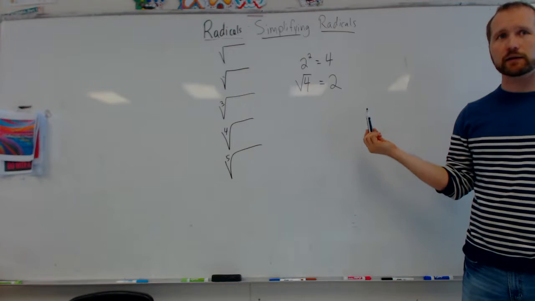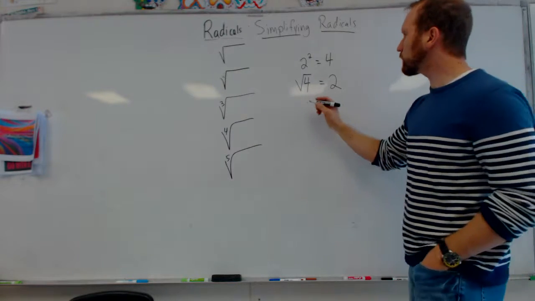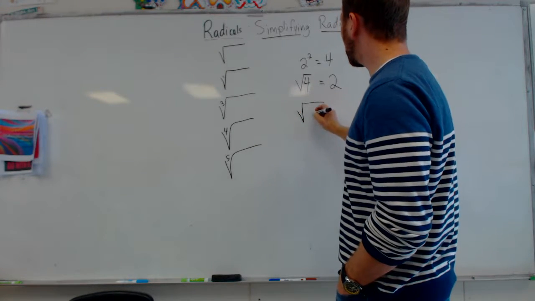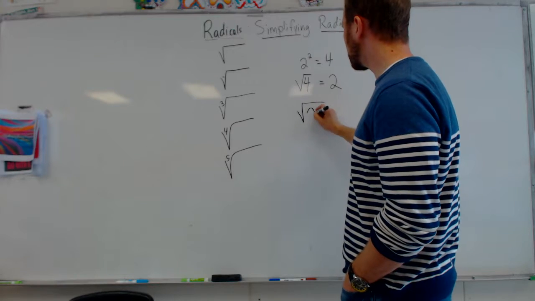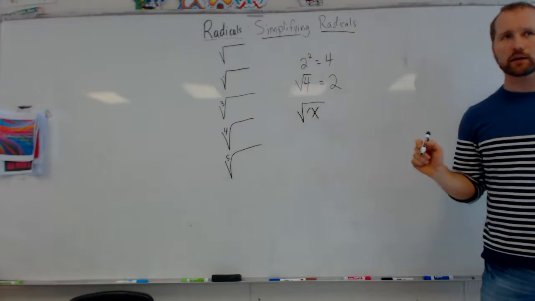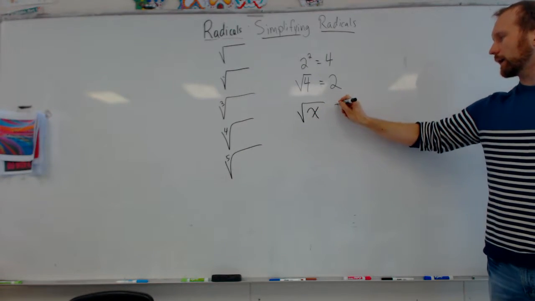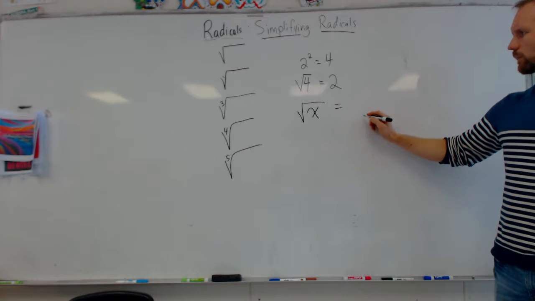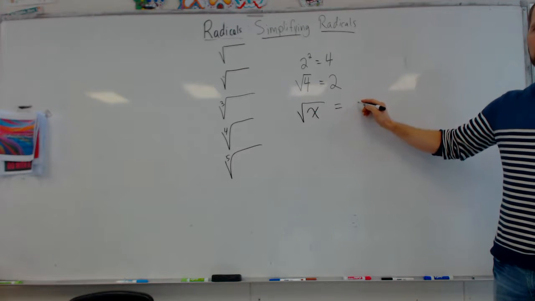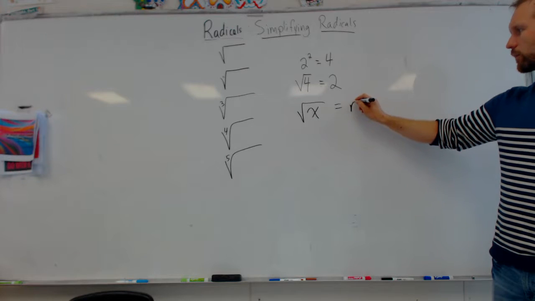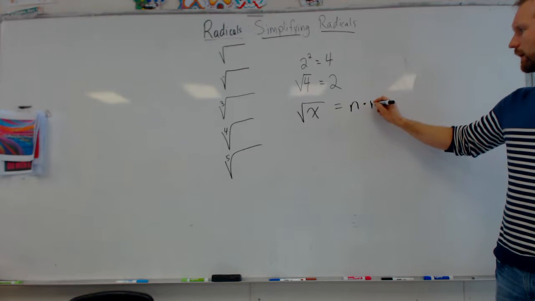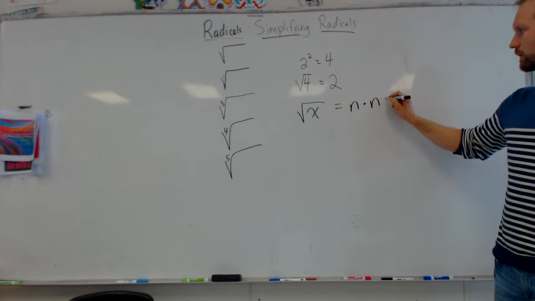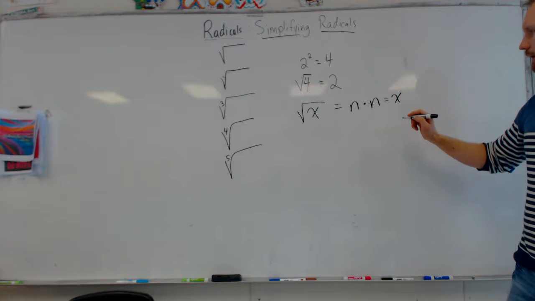Yeah, exactly. So the square root of x is saying, what number here would multiply times itself to equal x.